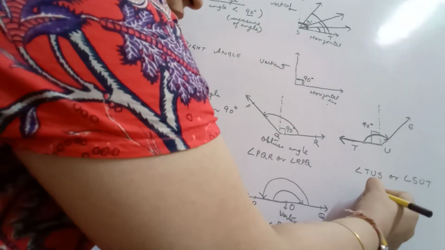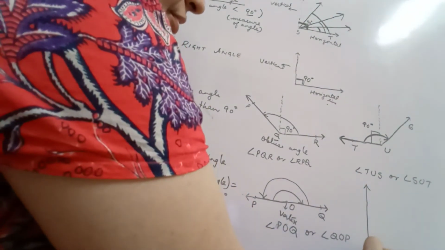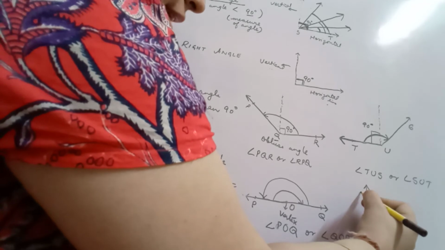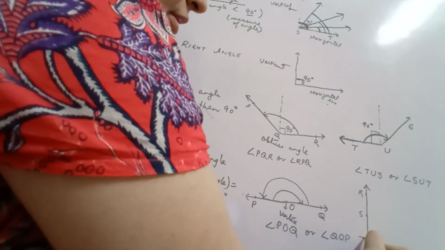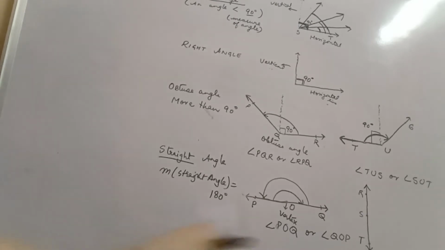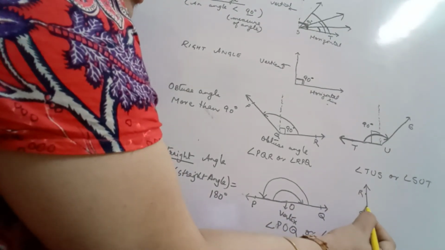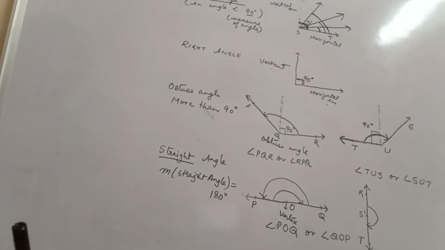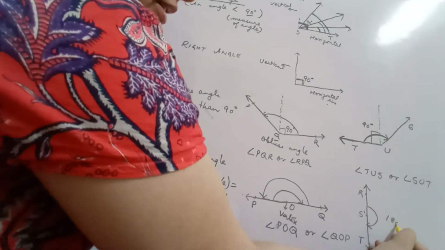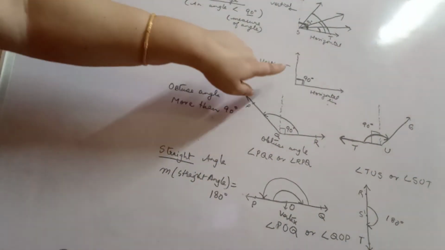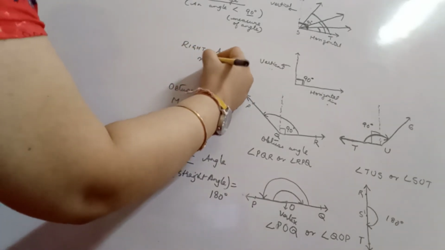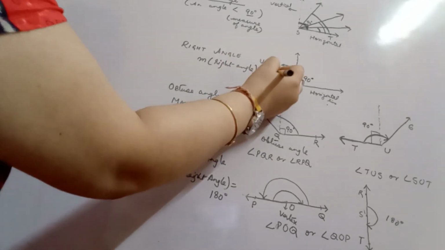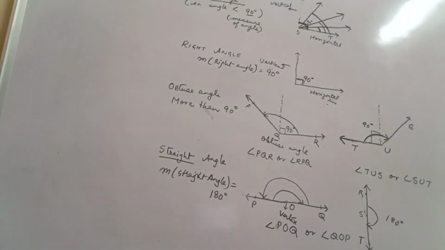So whenever you see a straight line with 3 points on the line, you will say that this is a complete angle. Starting from RS to ST, it will go till ST and it will form 180 degrees. So the measure of a right angle is 90, whereas the measure of a straight angle is 180 degrees.